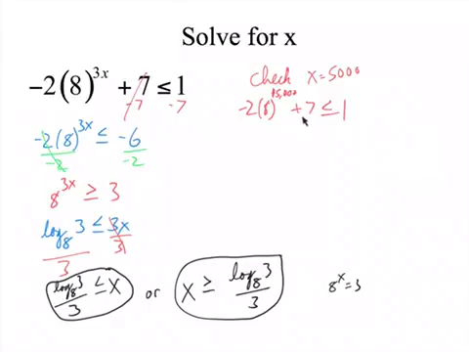Is that going to be less than 1? Why, yes, it is. So we're good. We wrote it right, because we chose a number greater than what we thought. 5,000, we think it's on the greater side. So I chose a number way bigger than this, and it came out true, so my inequality is in the right direction.